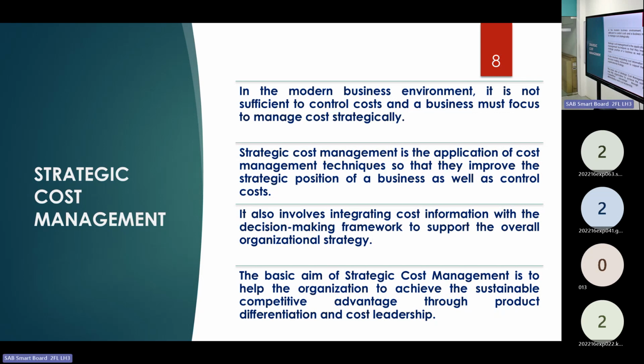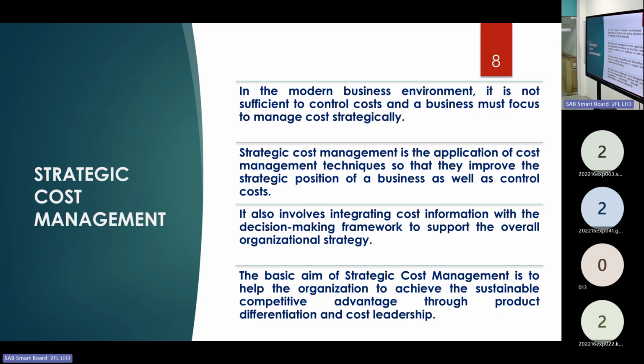This is a very important word. Sustainable competitive advantage. What is meant by competitive advantage? The advantage that a business can take over the competitors.